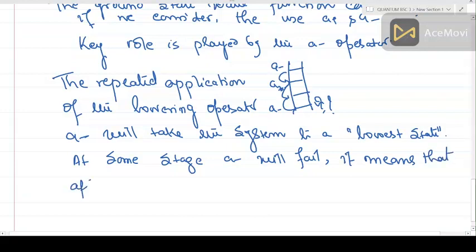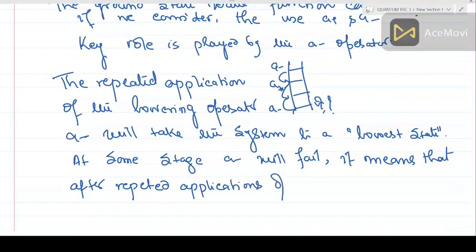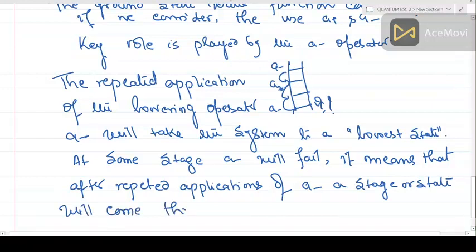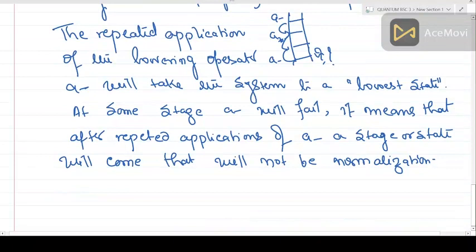It means that after repeated applications of A minus, a state will be reached that will not be normalizable, and we know that normalization is a very important criterion for a well-behaved wave function.